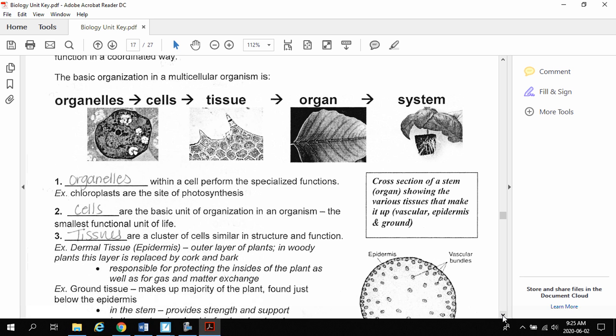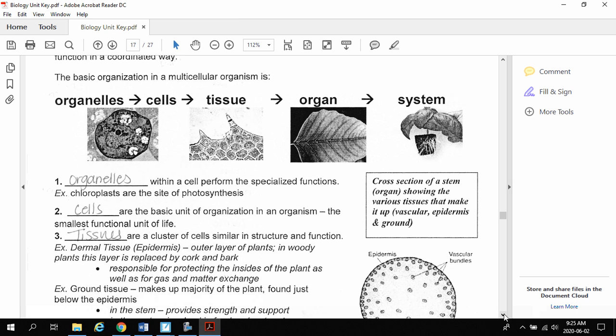So in plants, we're going to keep focusing on plants. I know I keep bringing it back to our bodies, but in plants, we'll talk about the dermal tissue or the epidermis. You've heard the word epidermis probably before. It's kind of our skin, our outermost layer. So the dermal tissue in plants is usually kind of bark.